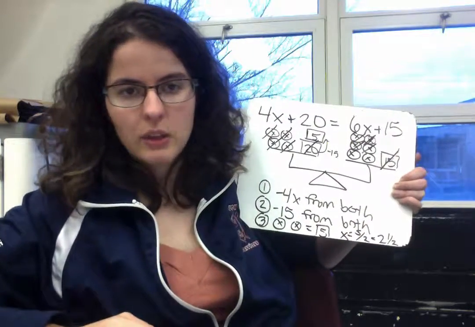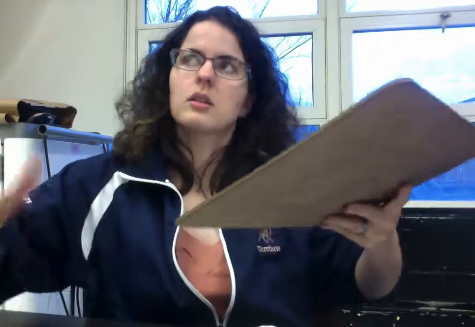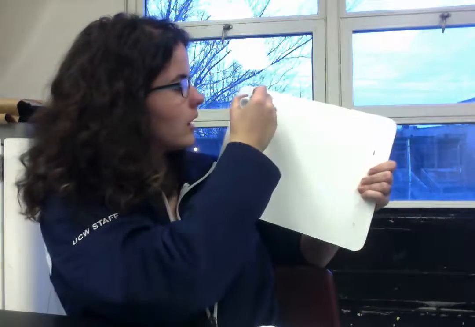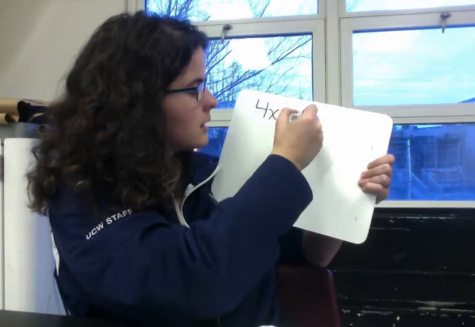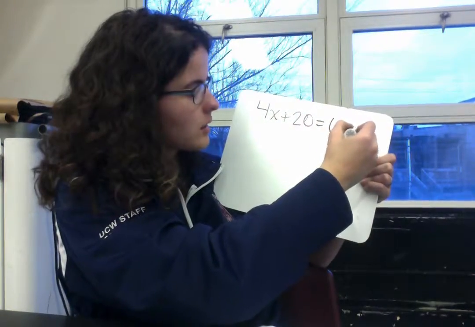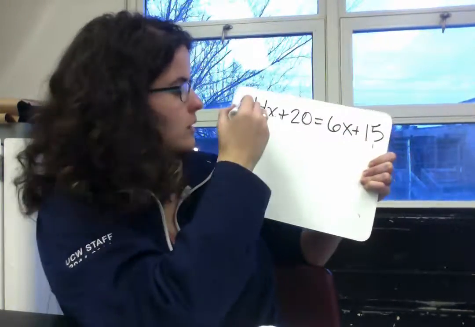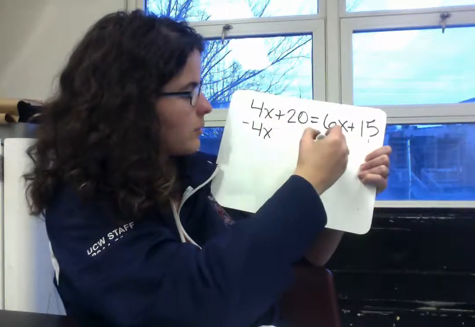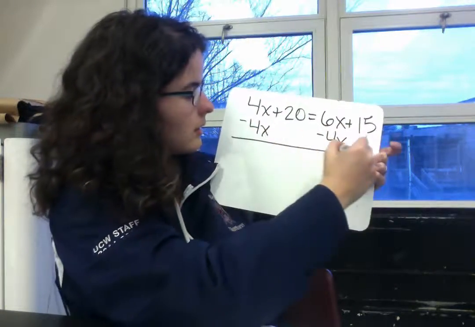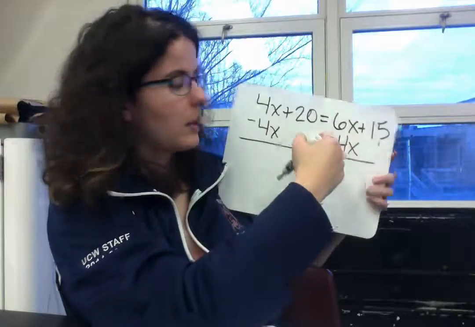And just to see what that looks like in the algebraic method, if I had 4x plus 20 is equal to 6x plus 15, first thing you say, let's take 4 x's off of both sides. I'm only looking at x's, I don't care about pennies right now.